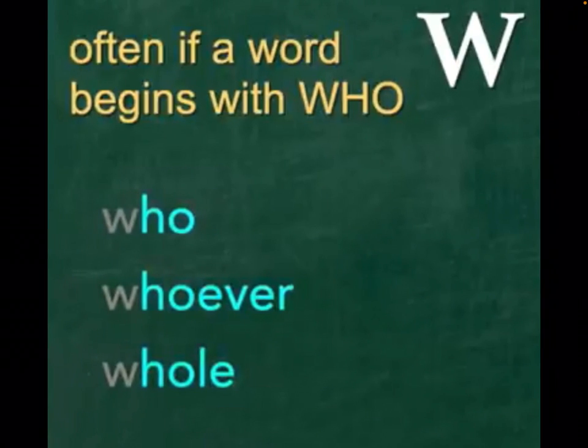Now, if a word starts with WHO, the W is silent. For example, who, whoever, and whole. Again, who, whoever, whole. You are not hearing the W in any of these pronunciations.